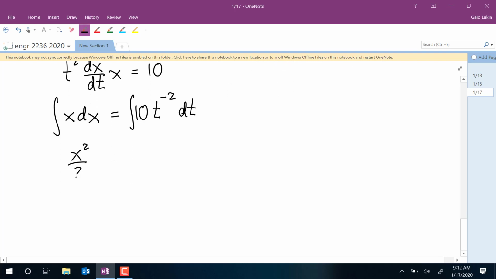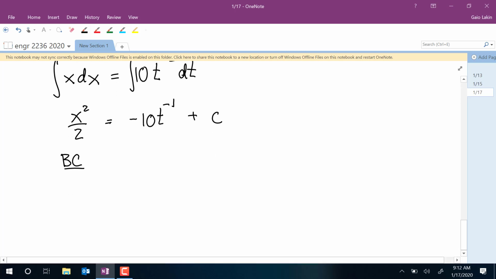And you get x squared over 2. I'm going to just combine the constants, so I'll put all the constants over on the right side. Negative 10 t to the negative 1 plus c. And now the boundary condition says when t is equal to 1, x is equal to 0.